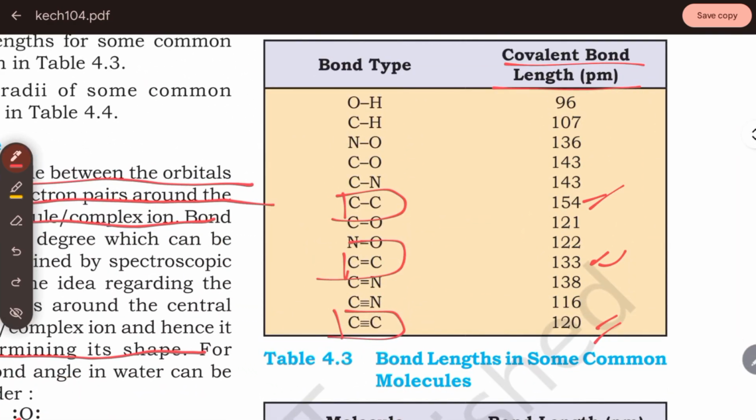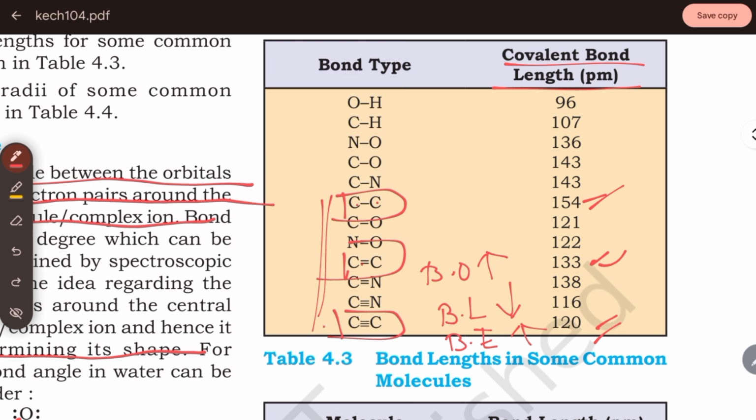Let me tell you one thing, this is bond length and not bond enthalpy. When I talk about CC bond length, the bond order here is 1, here the bond order is 2, here the bond order is 3. When the bond order increases, for multiple bonds, the bond length decreases and the bond enthalpy increases. This we'll see in organic chemistry, where there will be a lot of applications.